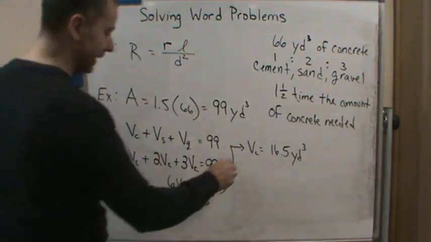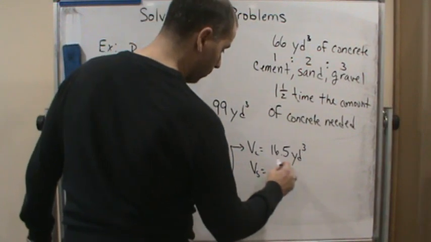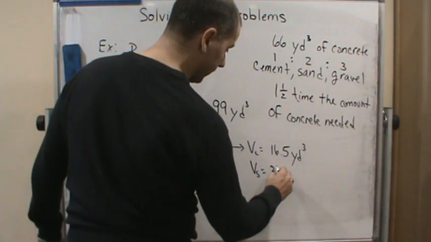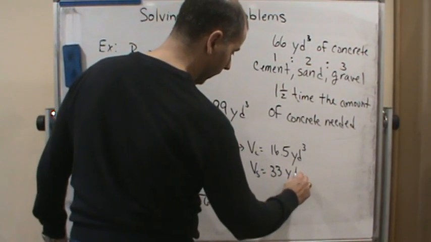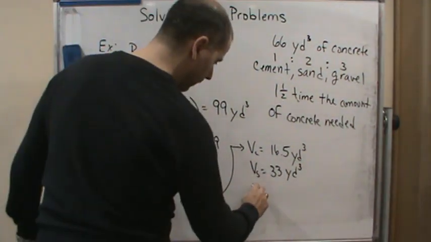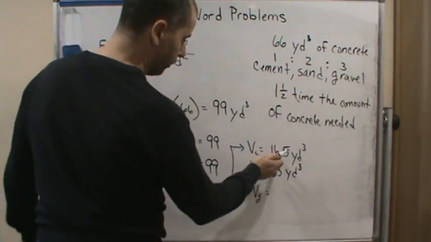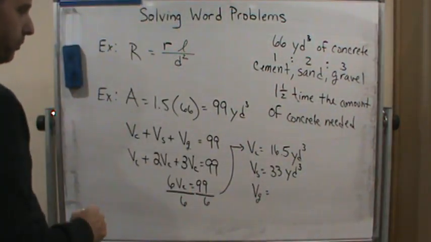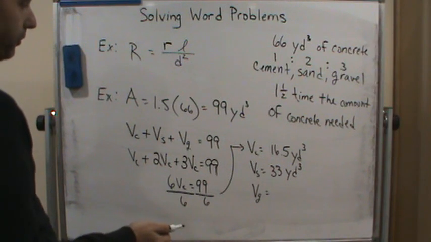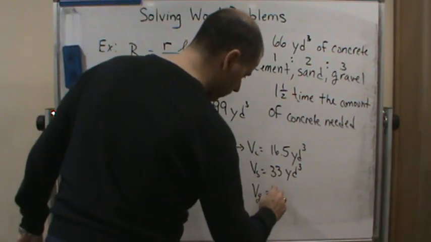Which now means that, guess what? The volume of sand is going to be double that, which is going to be 33 cubic yards. And then the volume of gravel is going to be triple that. So that's going to be 49 and a half cubic yards.